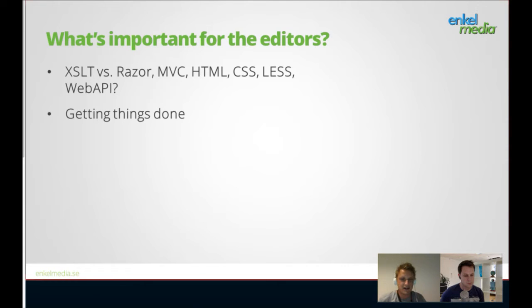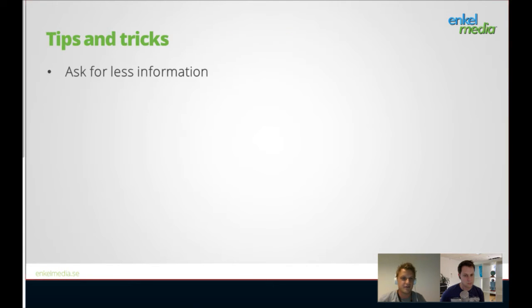So a couple of things that Douglas was talking about are, for example, ask for less information. Really think about why we really need this field on this document type. Is it important, or is it something that we don't have to force the user to enter? Mm-hmm. And then use proper names and descriptions. Really work on the description so that there's no question about what you should do here.